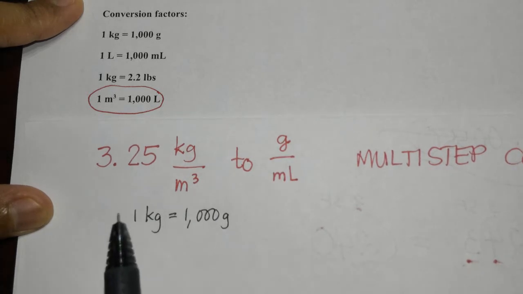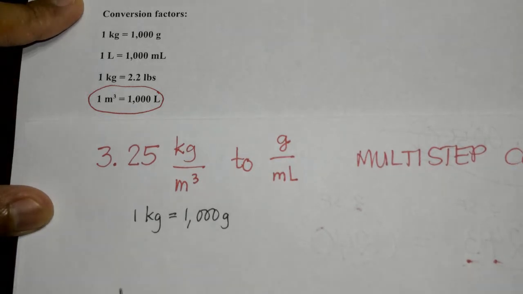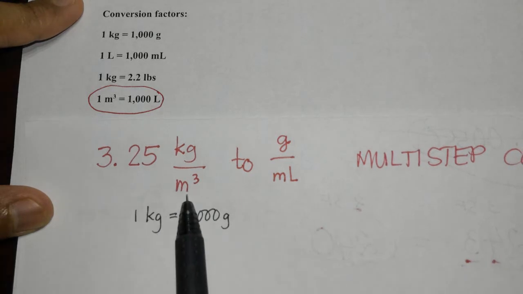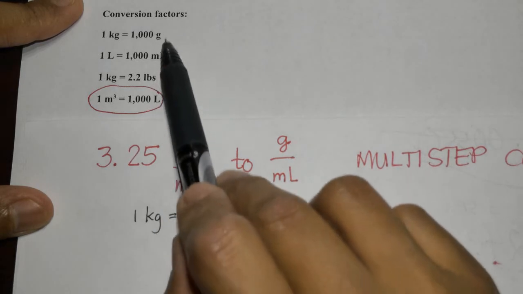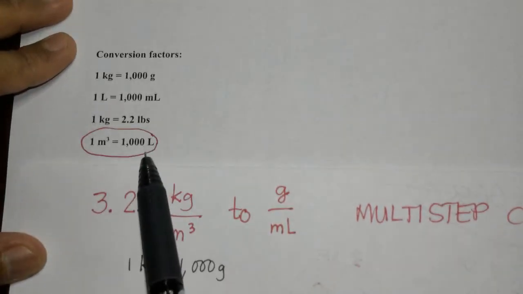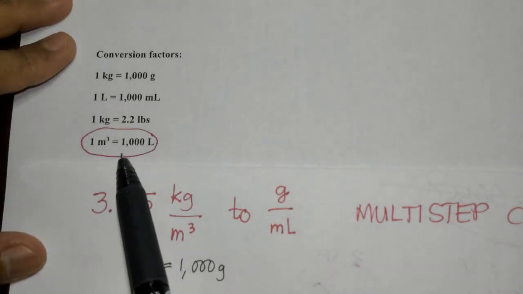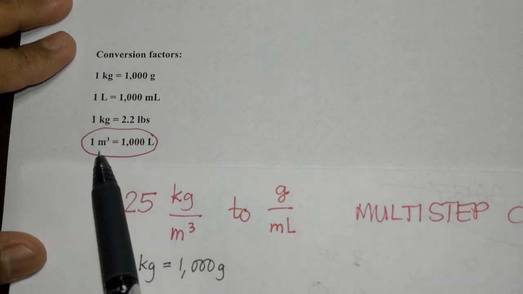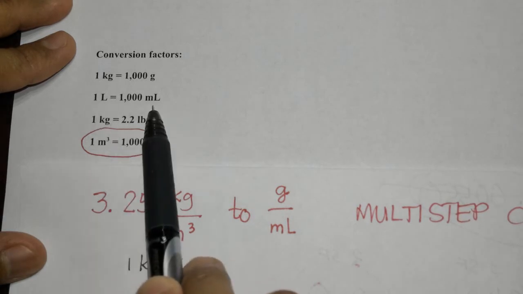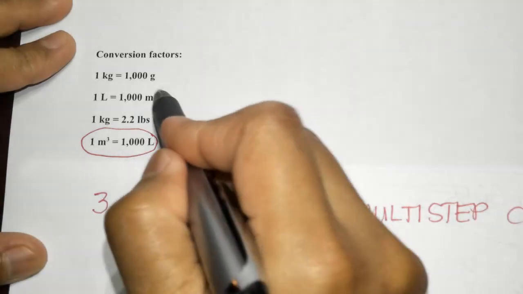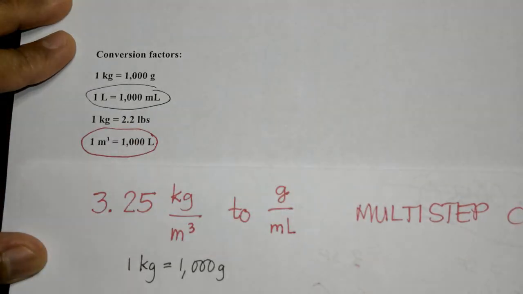The second one I'm going to focus on is the denominator. Look at the denominator. Cubic meter to ml. If you look at your conversion factors here, do we have a cubic meter to ml directly? There's none. But there is a cubic meter to liter. Then the liter can be converted to ml. Right? So that means I'm going to use 2 of those for that to be possible.